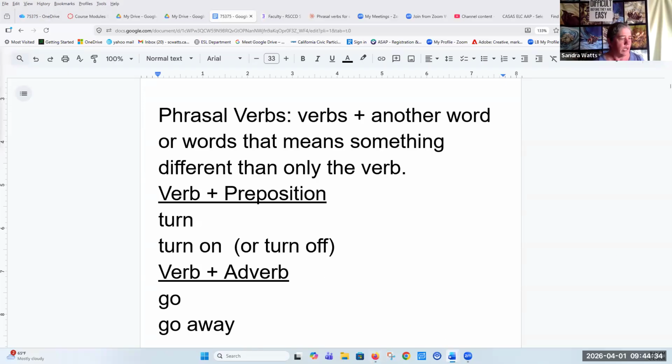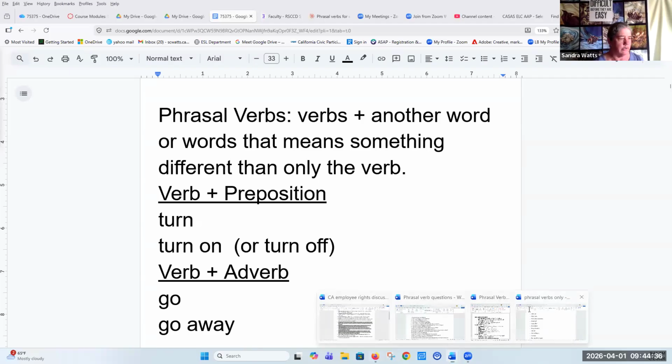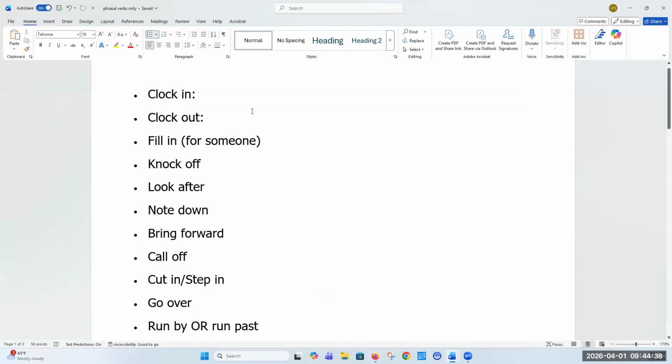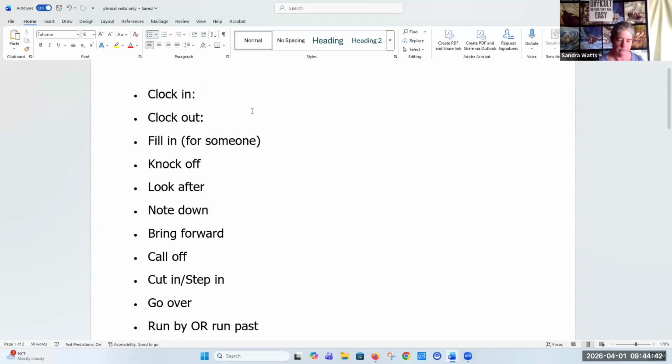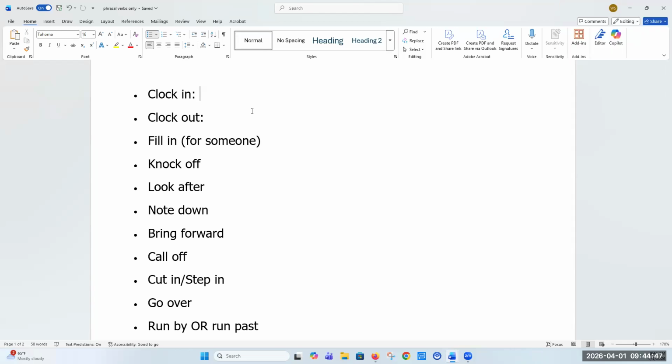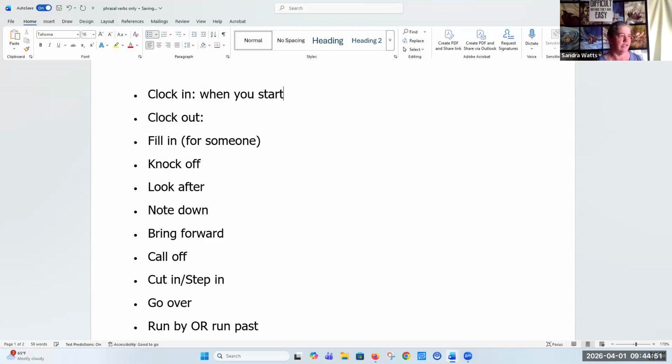All right. So let's start going over these. What is, anybody know what is clock in? When you start the work. Exactly. It's kind of like register your start.